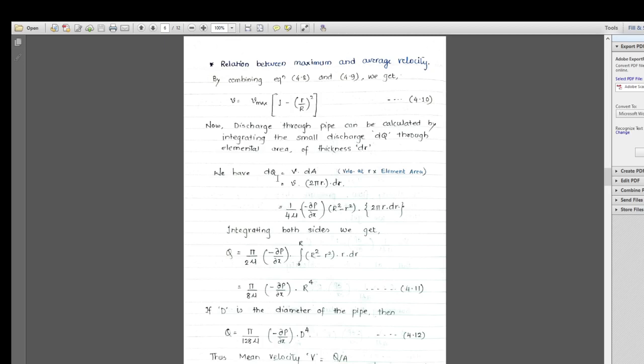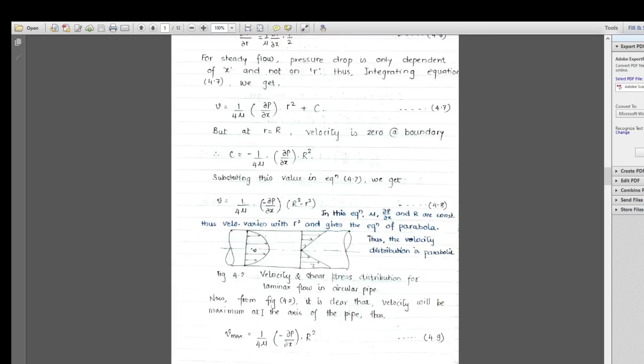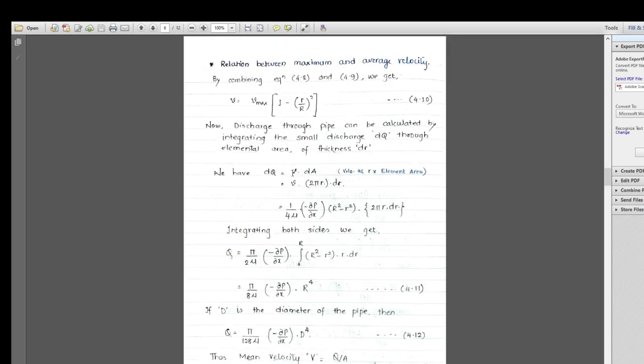So dQ is equal to v into dA. Now we know the area is 2 pi r into dr. Also we know the value of v, that is 1 by 4 mu into minus delta p by delta x into (R square minus r square). So we substitute the value of v from equation 4.8 and this part remains the same.